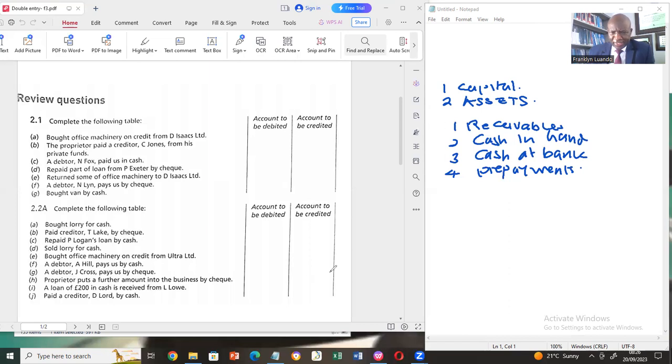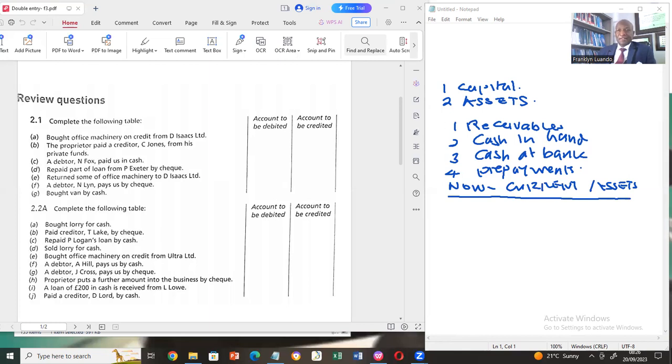Now we go to non-current assets. The non-current assets are those assets that are owned by the entity, which are used for more than 1 year.